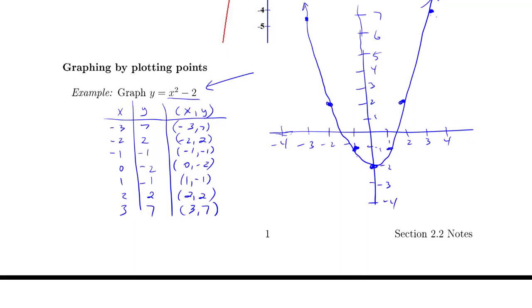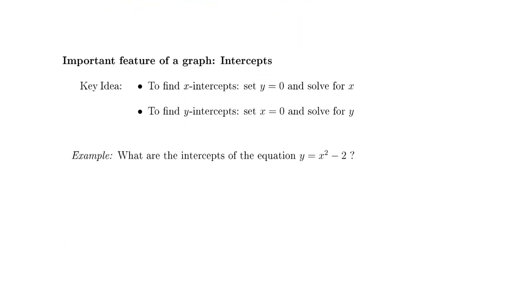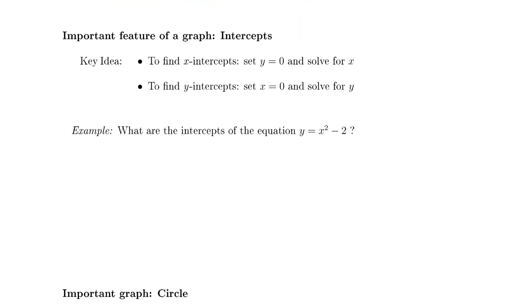Let's take a look at some important features of the graph. And two important features are the x and y intercepts. Now there's a pretty easy way to remember how to get these. If you want the x-intercept, you're going to set y equals 0 and solve for x.